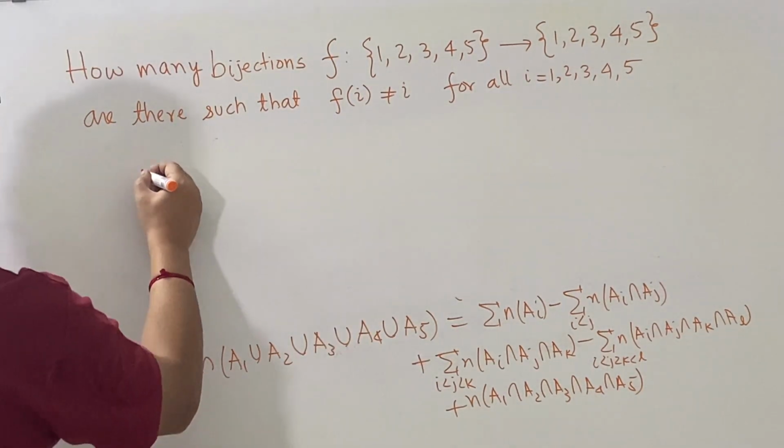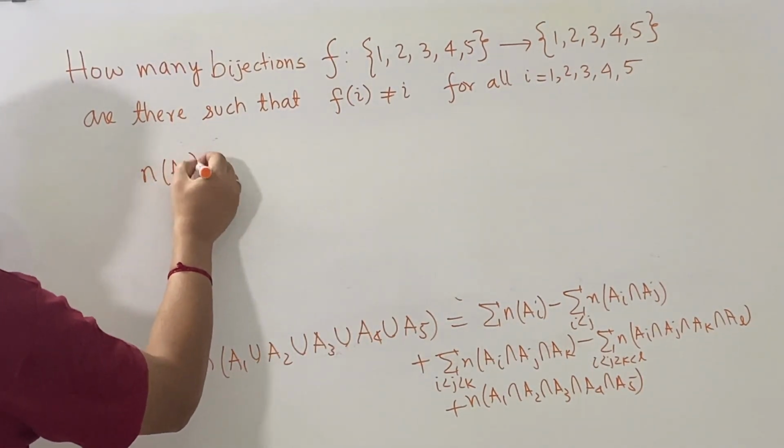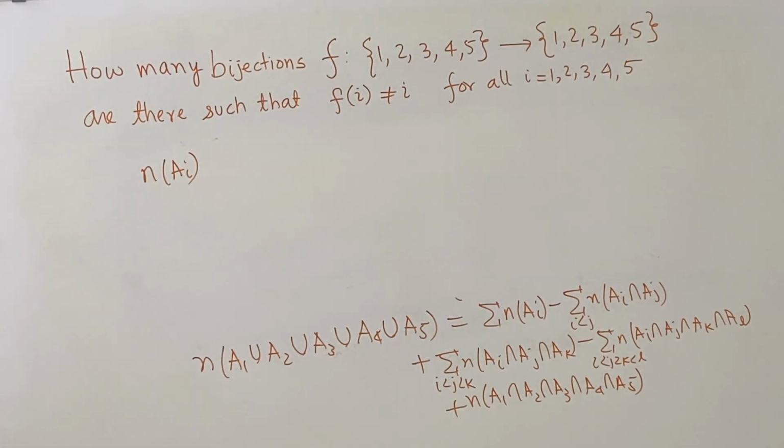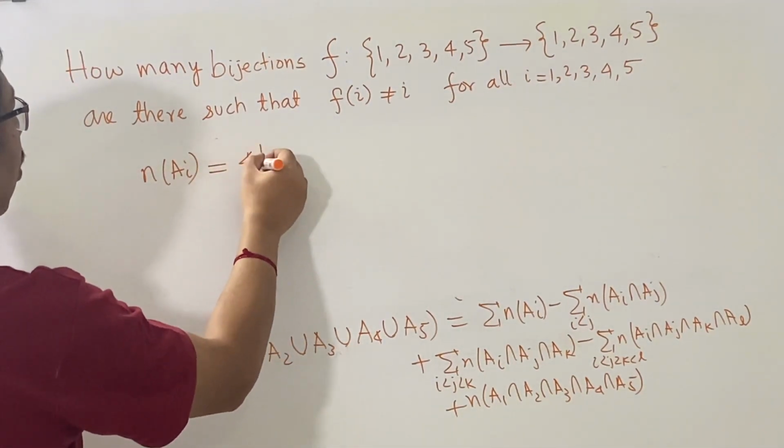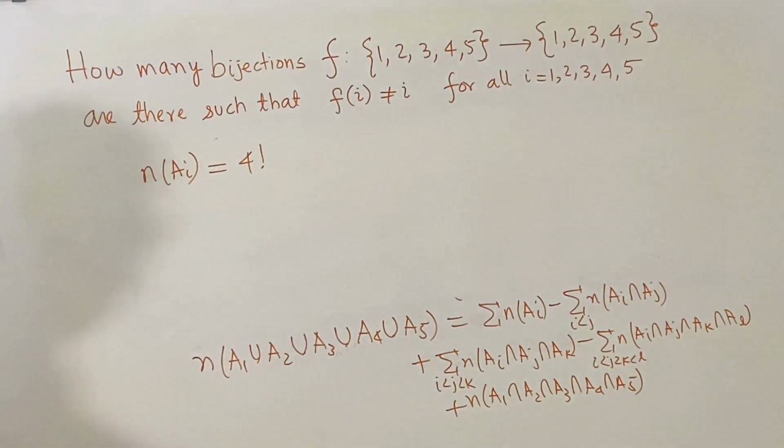So what is n(Ai)? In Ai, one element is fixed and anything can happen to the other 4 elements. So the number of possibilities is 4 factorial.